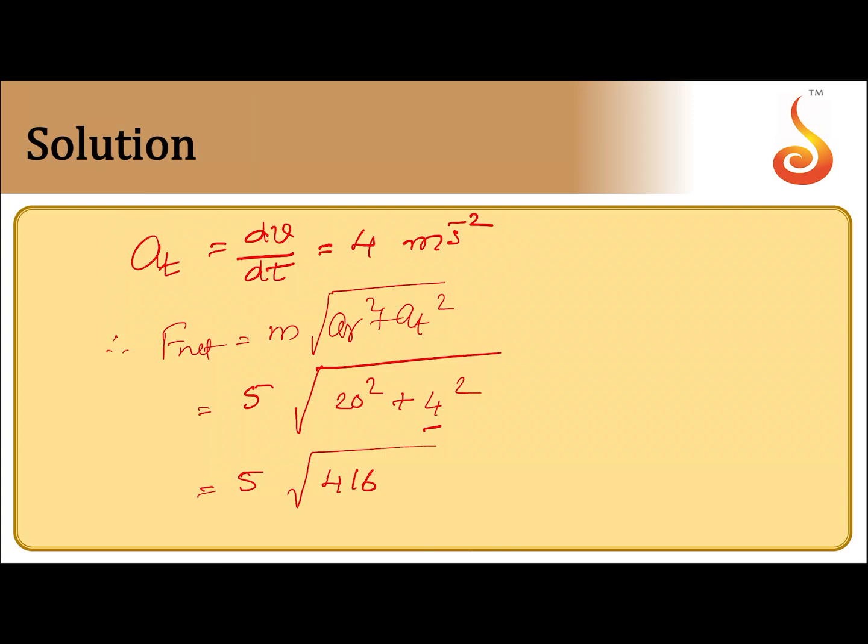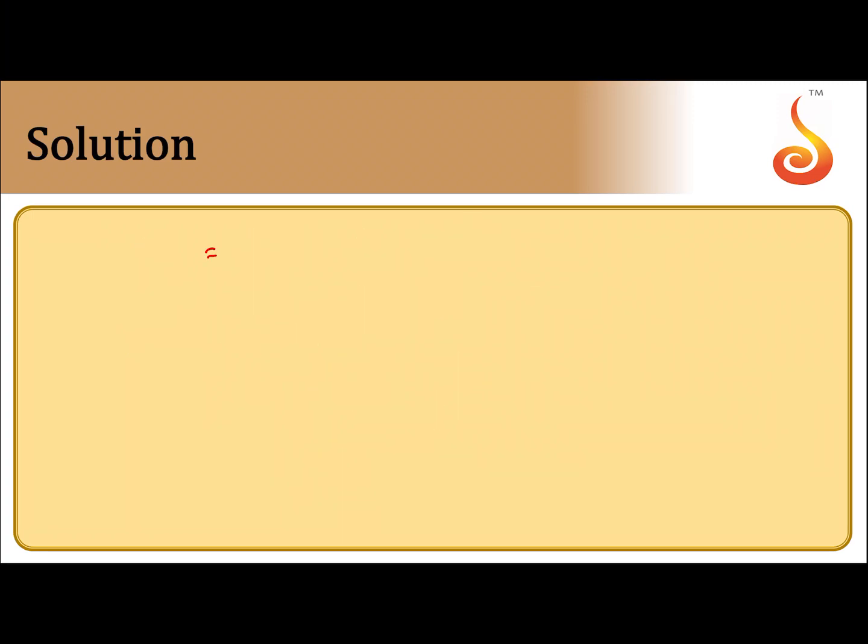We can take some term outside. Shall we take 16 outside? Yes, it becomes 5 into 4, and what are we left with? Yes, root 26. So that gives me 20 root 26. So 20 root 26 Newton is the force acting on this. And which option does it correspond to? Yes, it corresponds to option D.